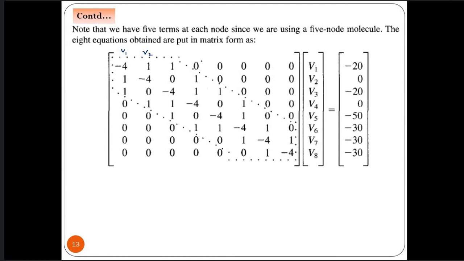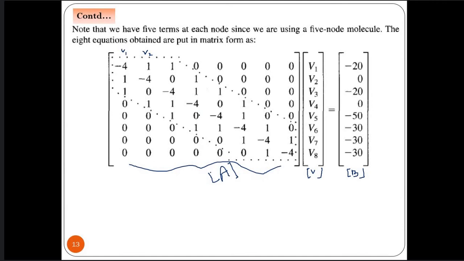So this is the total matrix, that is A matrix. This is the unknown potential V matrix, and this is the known potential B matrix, that is AV equal to B.